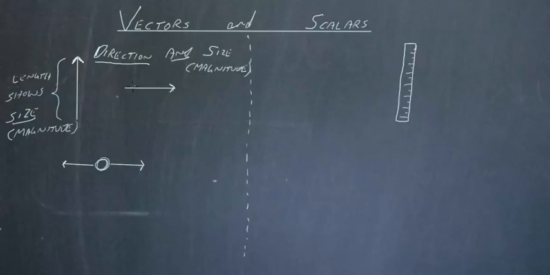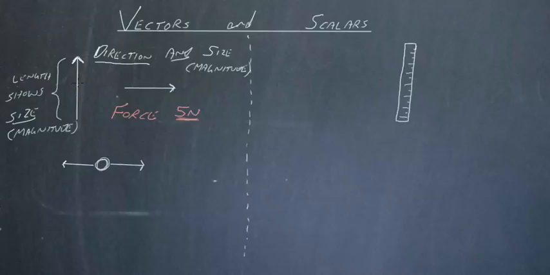Okay, now some examples of vectors, measurements that have both a size and a direction. Probably the most common, or at least one of the ones you'll be using most early on, is force. Now a force of say 5 newtons has both a magnitude, so a size which is 5 newtons, but also a direction to it.